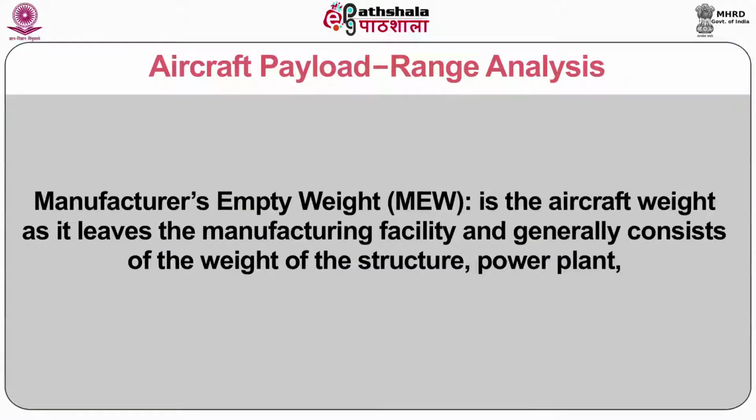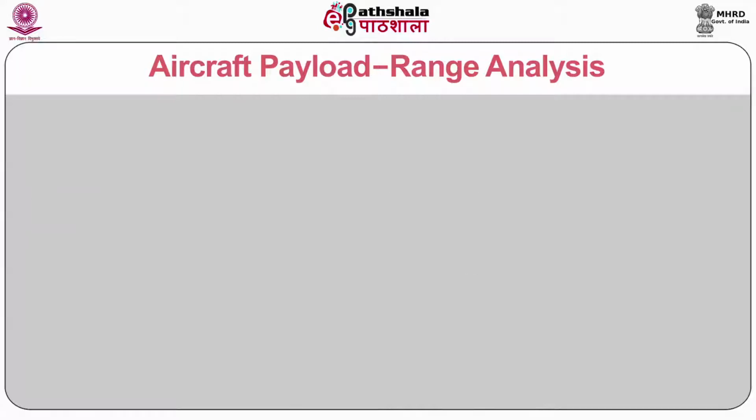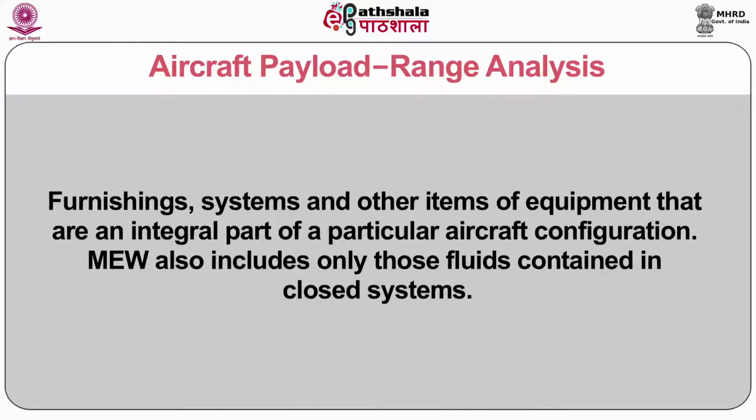Manufacturer's empty weight, that is MEW, is the aircraft weight as it leaves the manufacturing facility and generally consists of the weight of the structure, power plant, furnishings, systems, and other items of equipment that are an integral part of a particular aircraft configuration. MEW also includes only those fluids contained in the closed systems.